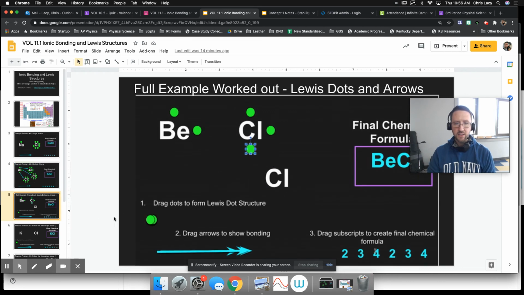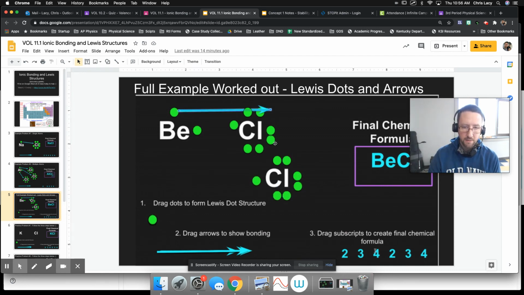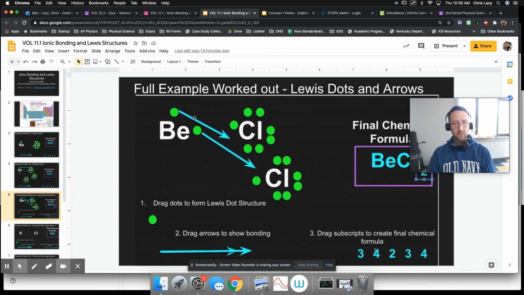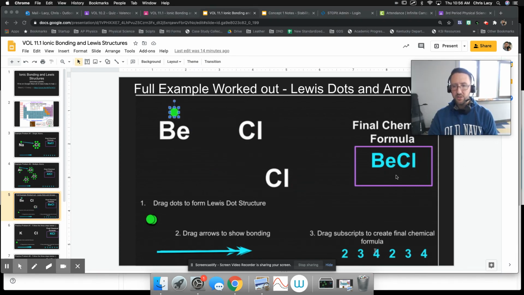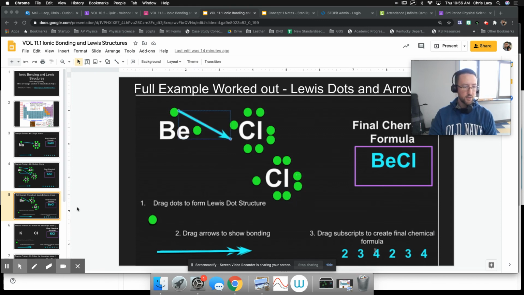And then there's also a fully worked out problem. This is where the little green dots are going to be. We're going to drag the green dots up there where they need to go, put the arrows in, and then drag the subscript up there to show that this would be beryllium dichloride, BeCl2, and now I grab that 2 up there to show that there's 2 chlorines for every beryllium.